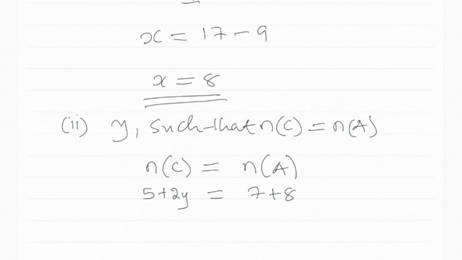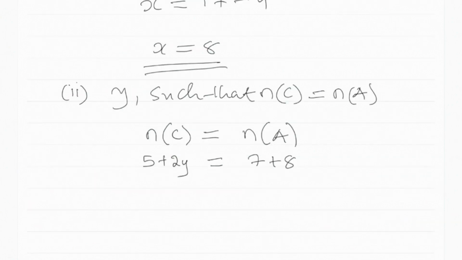Then you equate it to the number of elements in A, which is 7 plus 8.